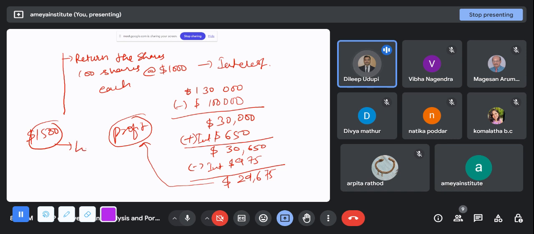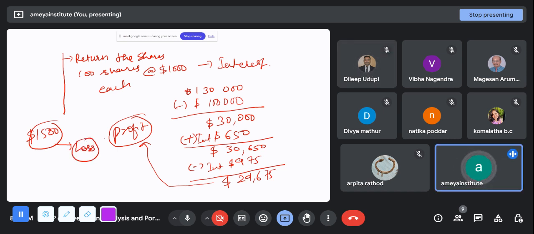If he has a short position, loss. So if his expectation went wrong and suddenly the price increased from $1,300 to $1,500, then he will incur a loss. If his short position went correct, then he will earn the profit.